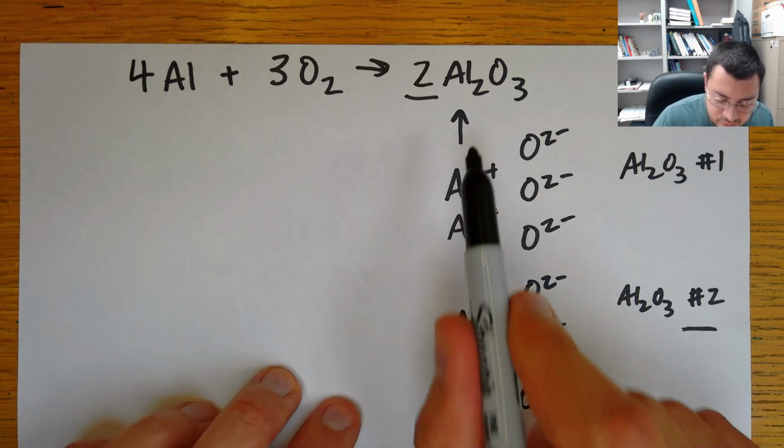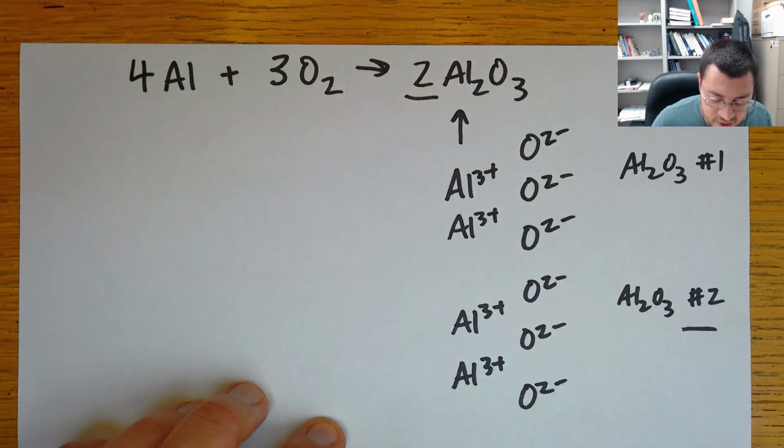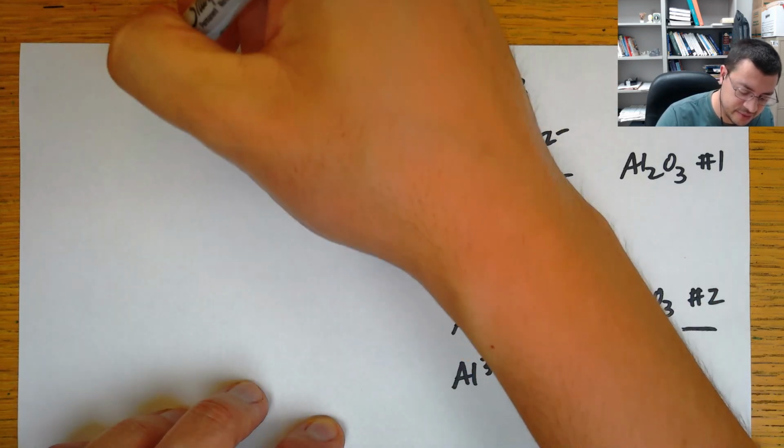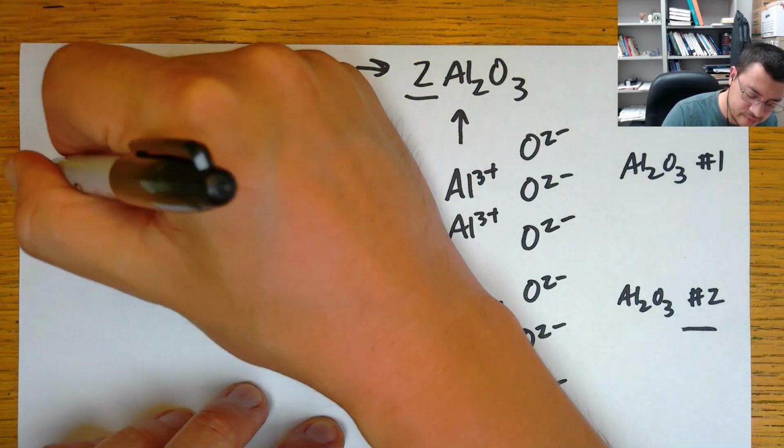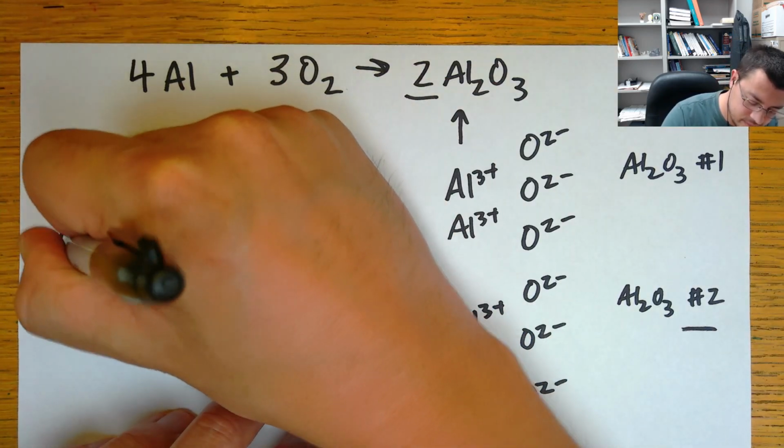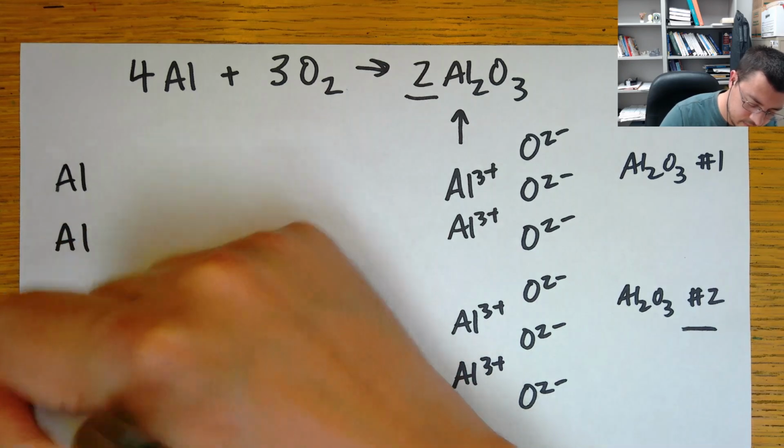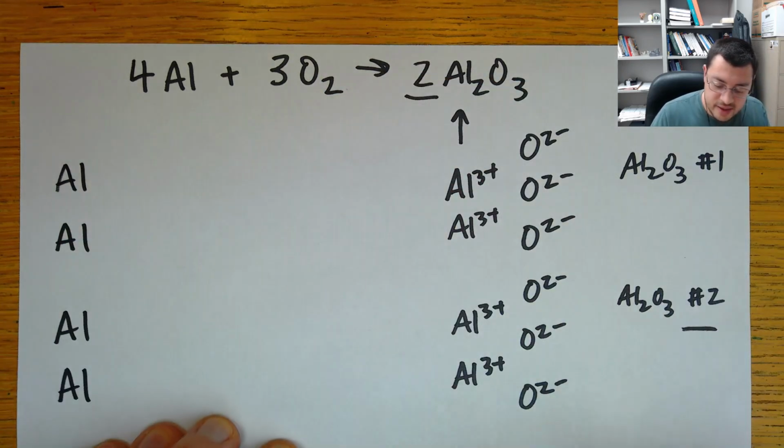I think once we've balanced the equation, we can try to come up with a story. You could even try before you balance the equation. So we got 4 aluminums. And then we have 3 molecular oxygens.